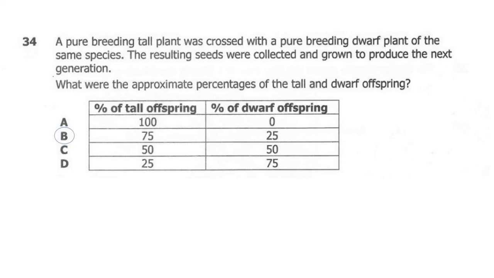When we collect the seeds and grow them, the tall plants are heterozygous. When we cross heterozygous with heterozygous, the ratio we get is always 3 to 1. So 3 tall, 1 short. 3 over 4 is 75%, 1 over 4 is 25%. Well done, chat. That is the correct answer. All right, we move on to the next question.